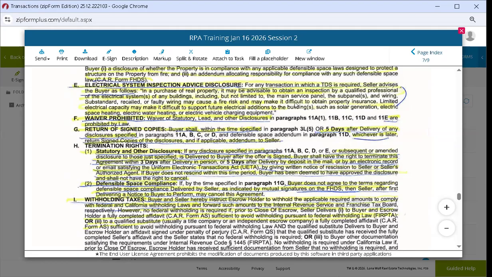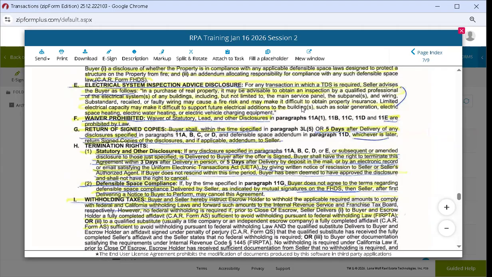So this right here is the seller advising the buyer to go ahead and have all that inspected. You might even still see in some houses, which I saw 2 years ago, that old knob and tube wiring, so people would want to know about that. It may affect insurance, okay?